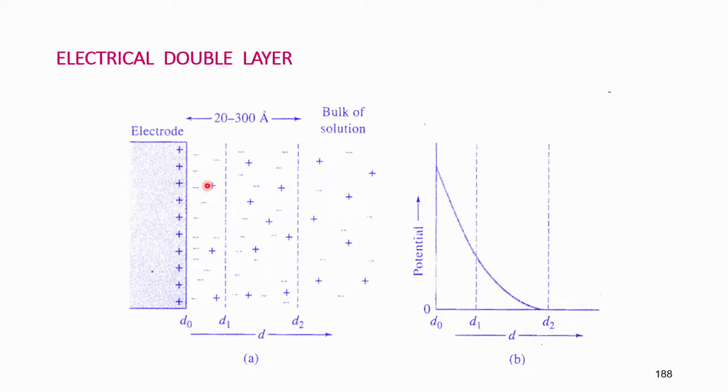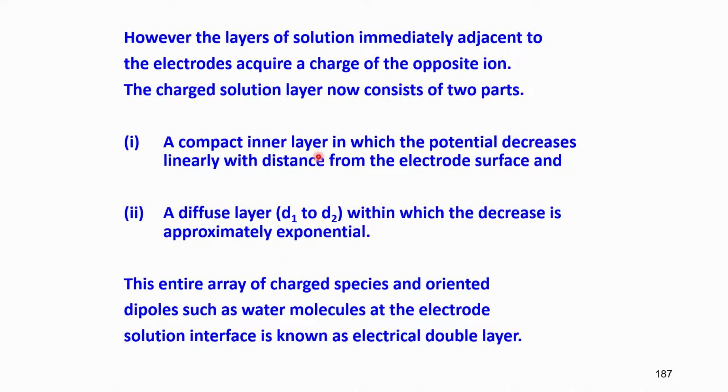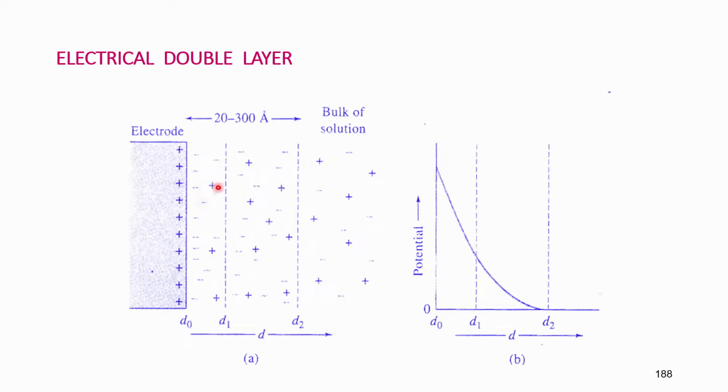This is the first layer, the compact inner layer in which potential decreases linearly. I have drawn the potential from this point, dashed line D1 to D0, and in this region it is decreasing almost linearly. The potential here will be less than this.